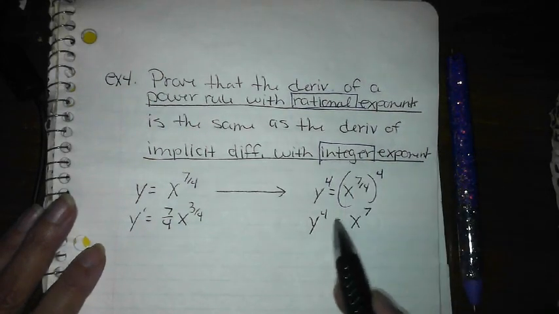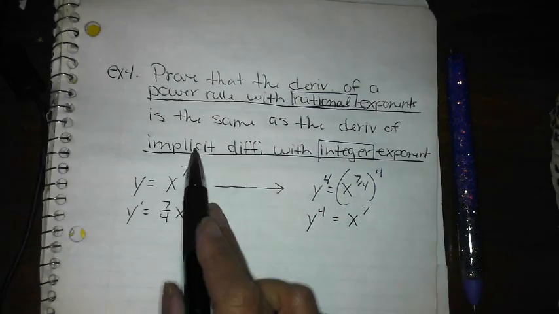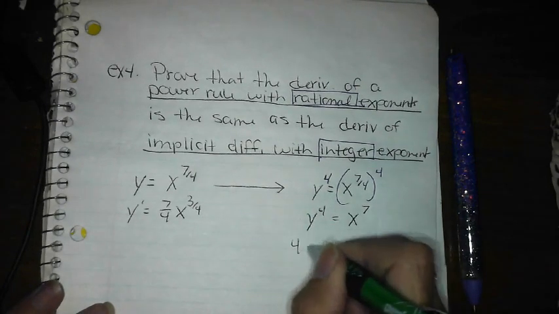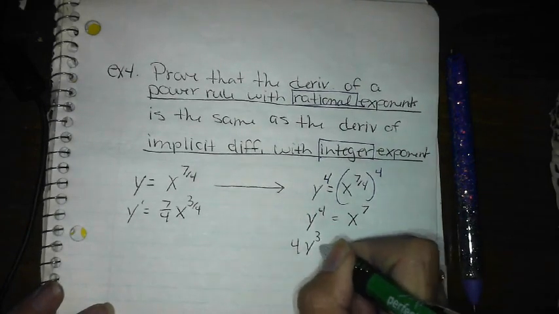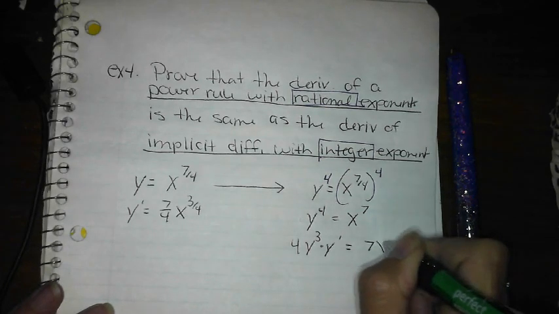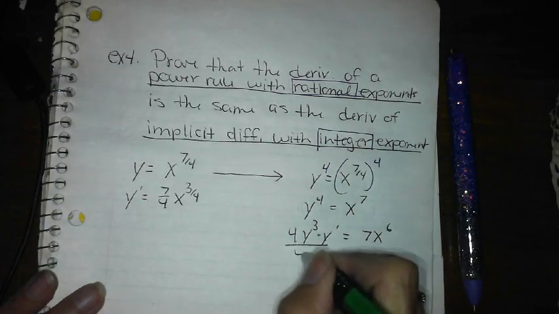So I've got the integer exponents, and now because I've got y to the 4th, I have to do it with implicit differentiation. So here we go. 4y cubed times y prime equals 7x to the 6th. Solving for y prime, I got to divide by 4y cubed.